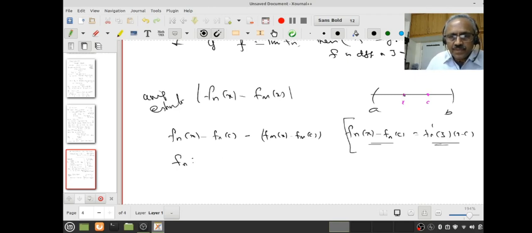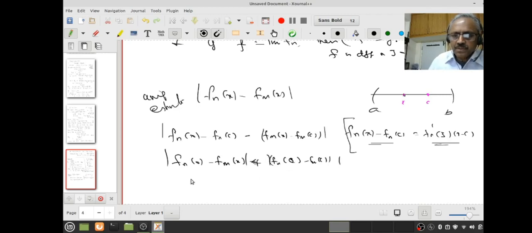Because notice that fn(x) minus fm(x), and what do I have here? fn(c) minus fm(c). Okay, so in modulus this will be less than or equal to, so this you can say uniformly Cauchy. This is convergent, so you think you can get an estimate. Do you follow that? I'm just thinking aloud.